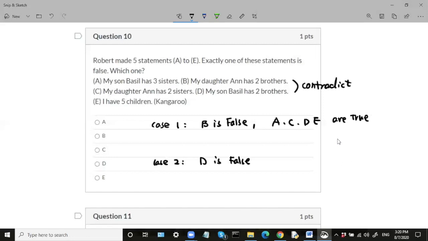Okay, so let's look at these statements. The first, my son Basil has 3 sisters: sister 1, sister 2, sister 3. And C, my daughter Anne has 2 sisters. So let's say this is Anne. Anne has 2 sisters.